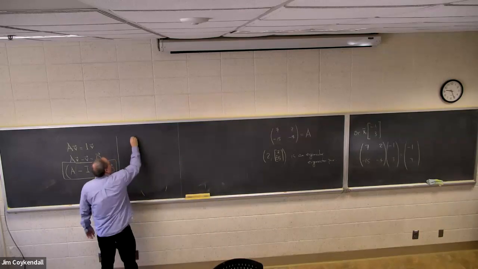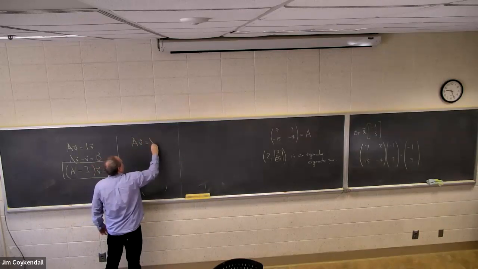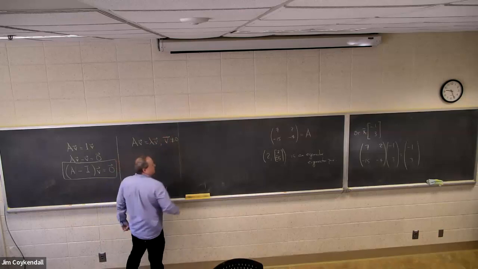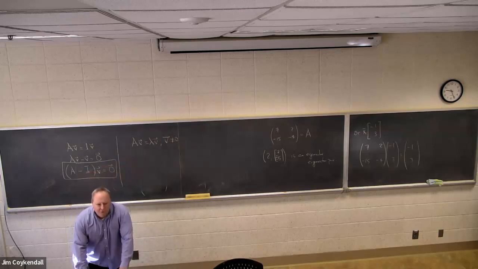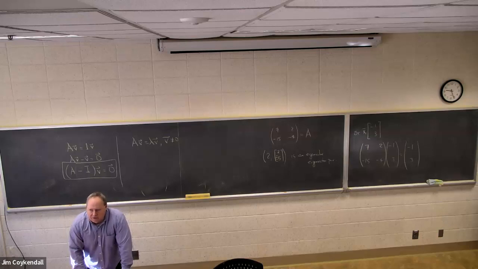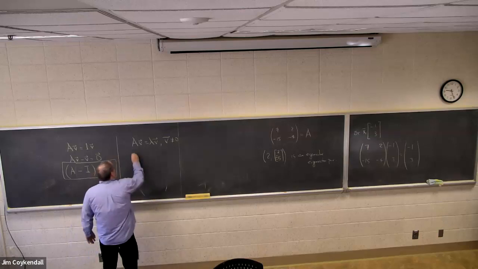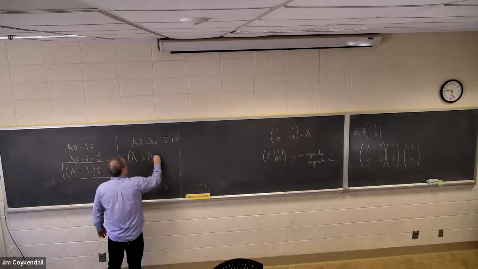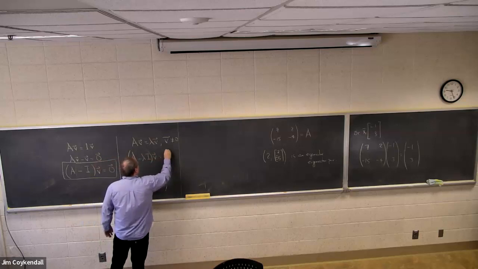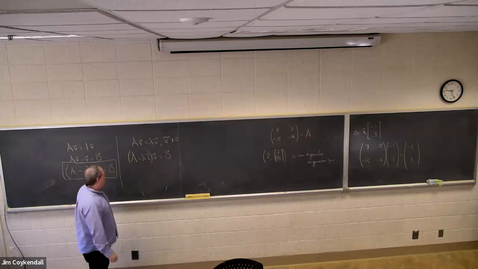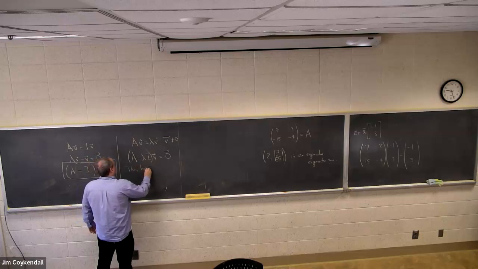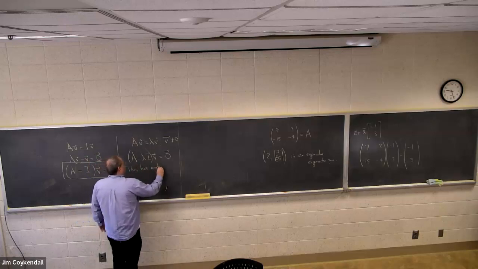So if you have AB equals lambda B and B is not 0, this gives A minus lambda I times B equals 0. This has a non-trivial solution.